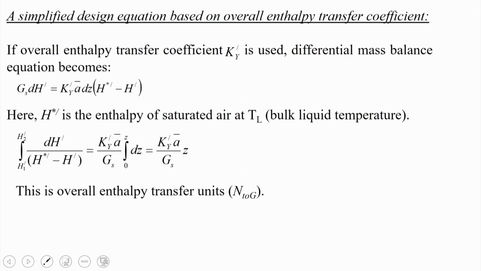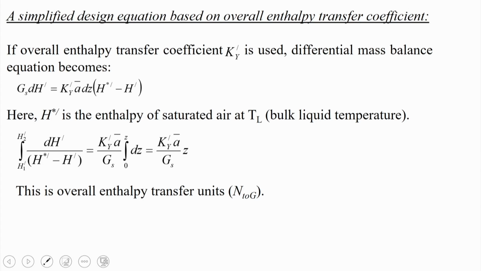Now, a simplified design equation based on the overall enthalpy transfer coefficient is also there, and sometimes we need that. If we use the overall mass transfer coefficient, capital K_y', then the differential mass transfer equation becomes G_s dh' is equal to K_y' a bar dz into (h*' minus h'). Here h*' is the enthalpy of the saturated air at T_L, that is, the bulk liquid temperature.